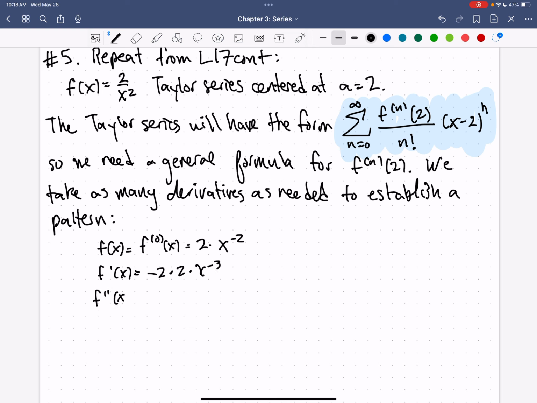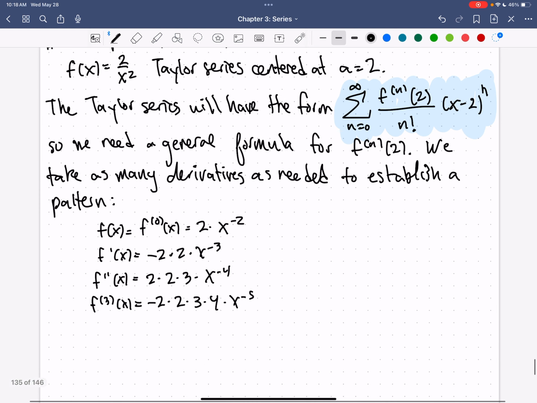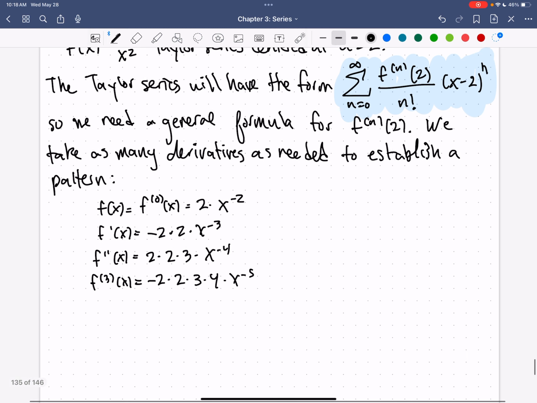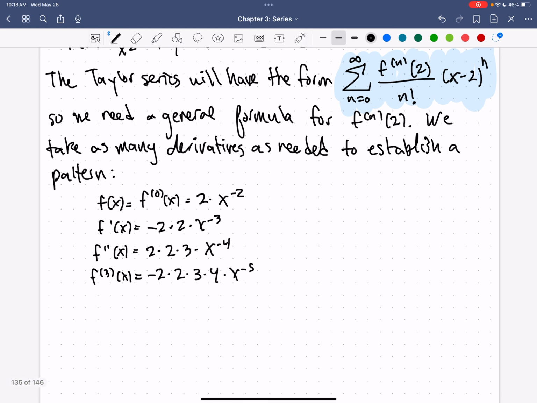The second derivative, we get 2 times 3 times x to the negative 4. The third derivative, we get negative 2 times 3 times 4 times x to the negative 5. Just continuing to bring down essentially the old exponent and getting our new exponent. And this pattern is going to keep going.